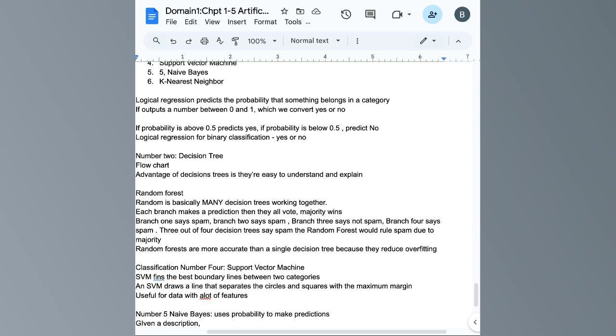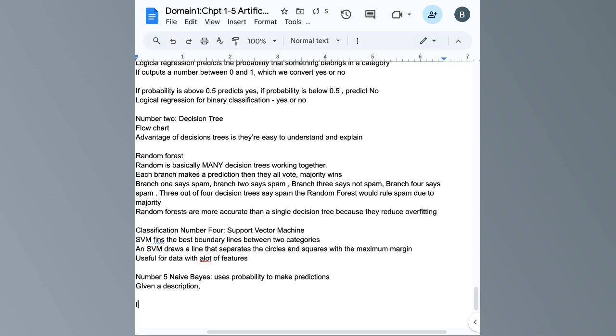Naive Bayes is especially good for text classification, so spam filtering, sentiment analysis, and document categorization. On the exam, if you see a question about classifying text or emails, think naive Bayes.